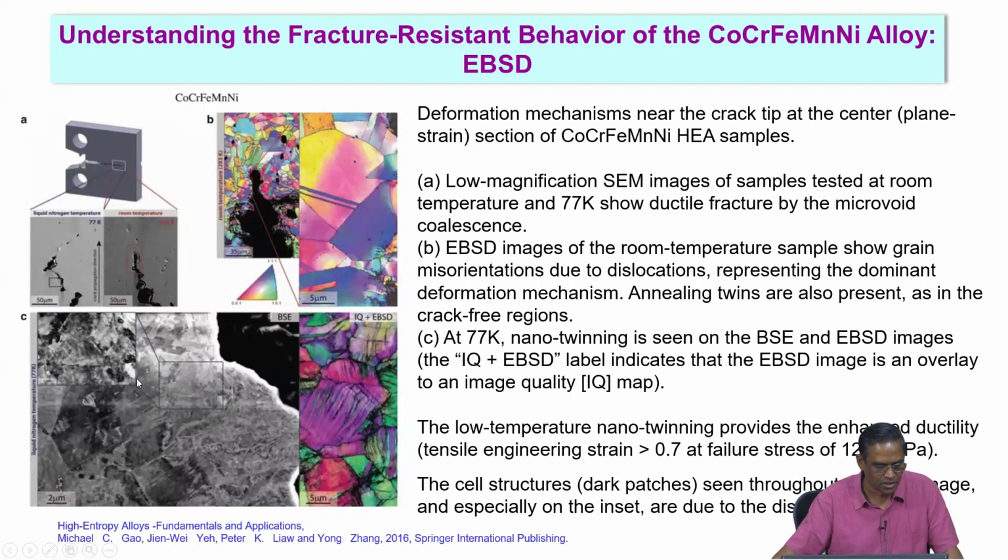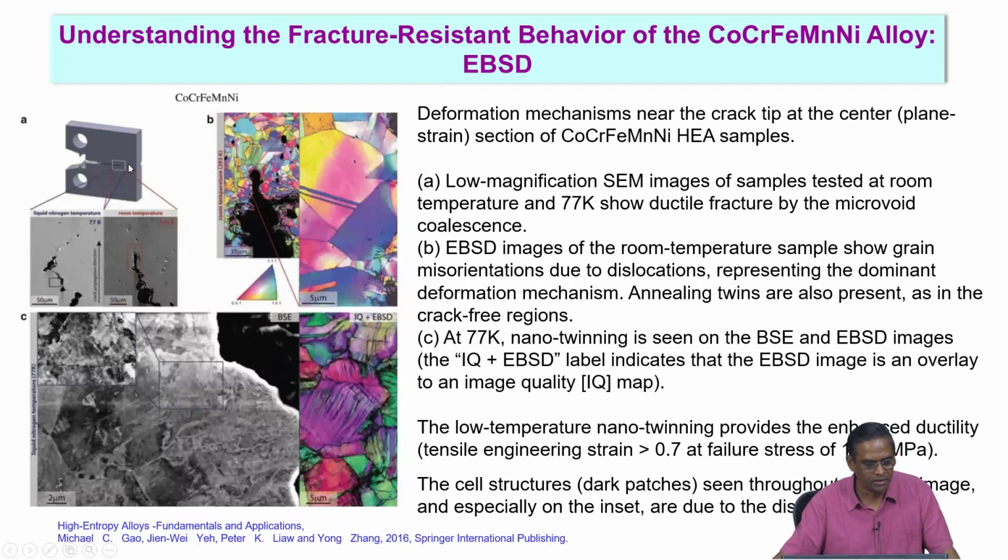The zoomed region is shown here, and the corresponding zoomed region EBSD is also shown here. So the question to you is, what do you see from this? From all these features, we are going to deduce the deformation mechanisms near the crack tip under the plane strain condition.